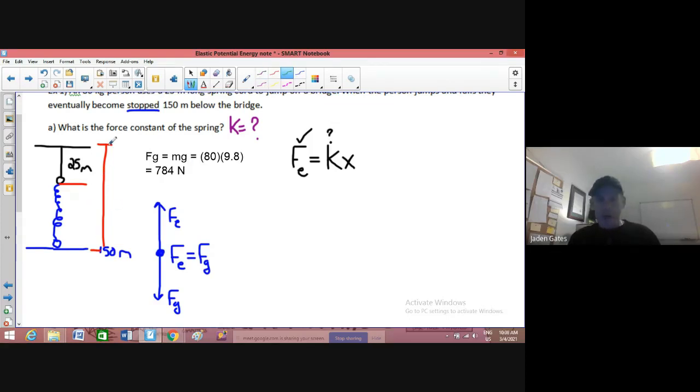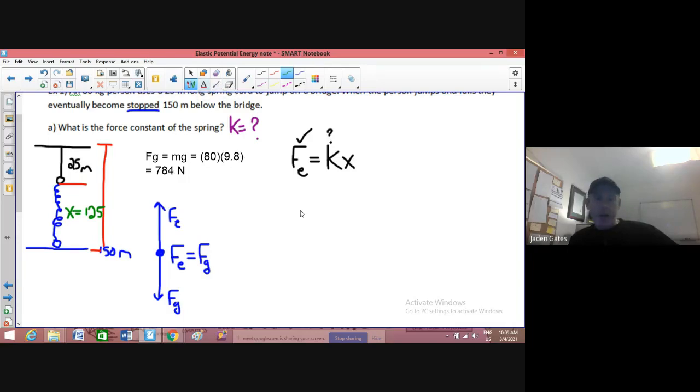Well, look at this. It goes 150 meters below the bridge. It's already 25 meters long, so the x value here is the difference. And so the x value is 125, because in its rest position, it naturally hangs 25 meters below the bridge, and so it's stretching another 125 to get to 150.